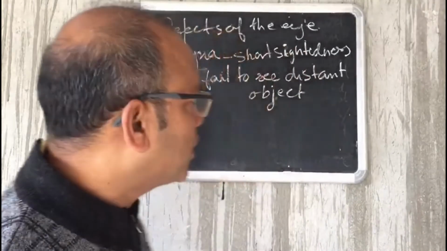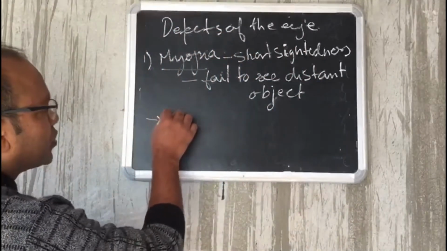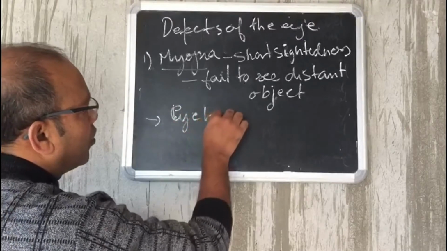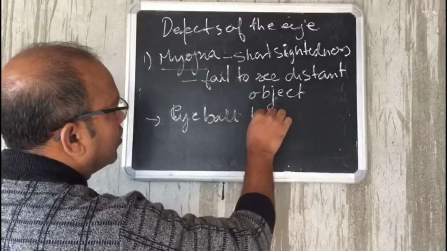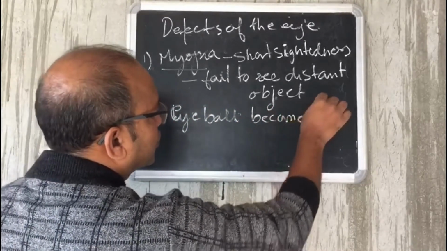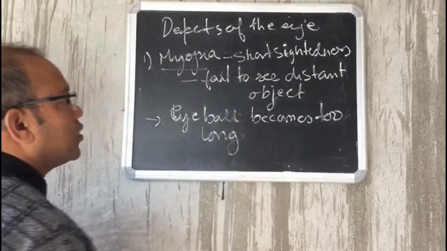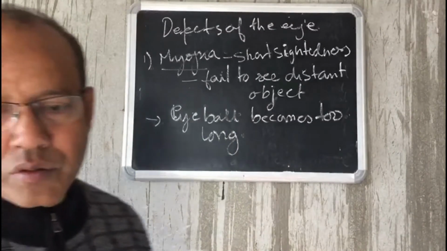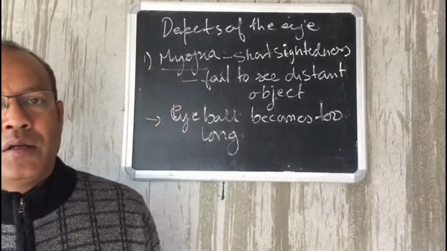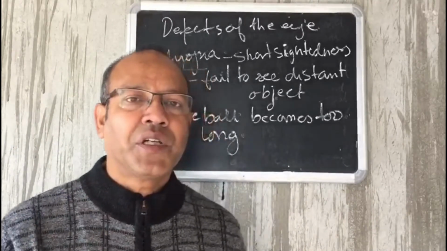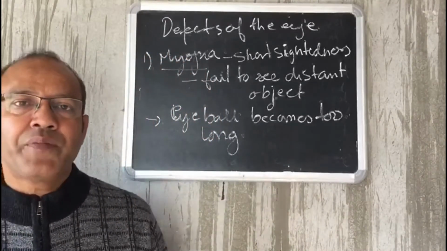The reason could be the eyeball becomes too long. As we have already talked about, the vitreous humor and the aqueous humor maintain the shape of the eyeball.